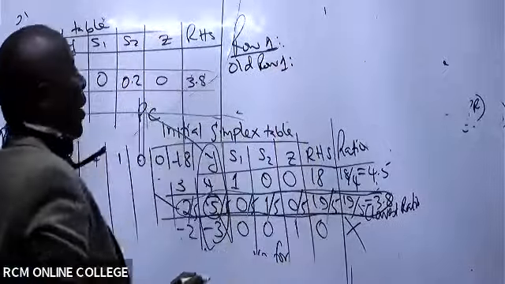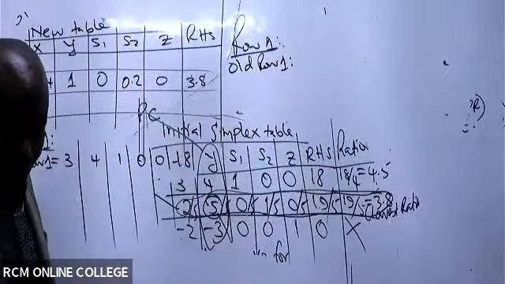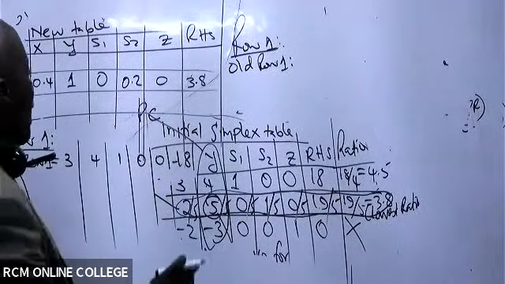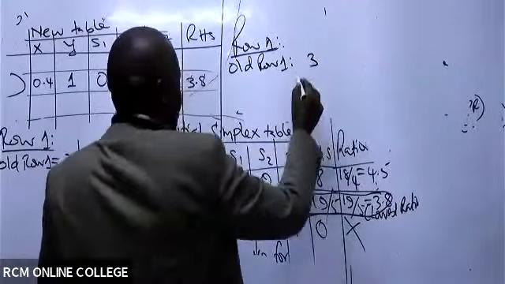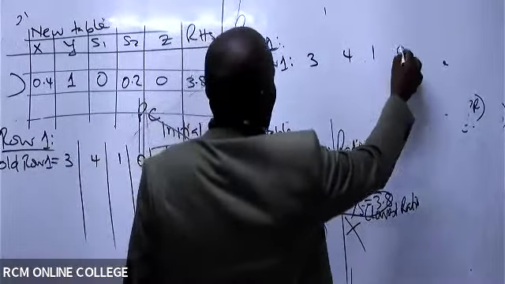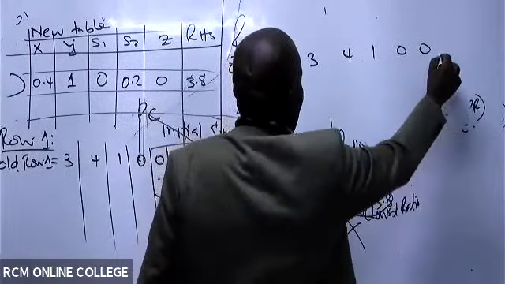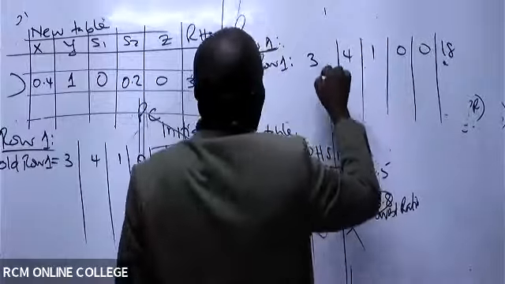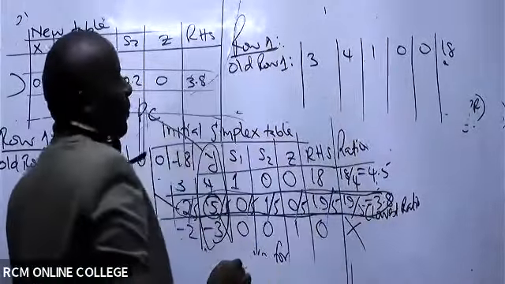Old row 1, we copy these row 1 figures here. So we have here 3, we have 4, we have 1, 0, 0, and then we have 18. We don't copy the ratios from one table to the other table.